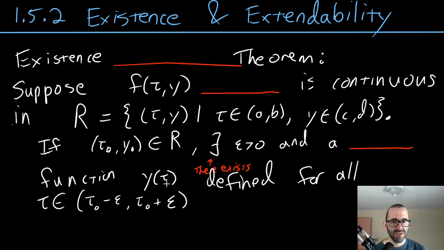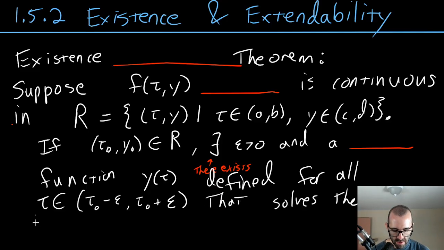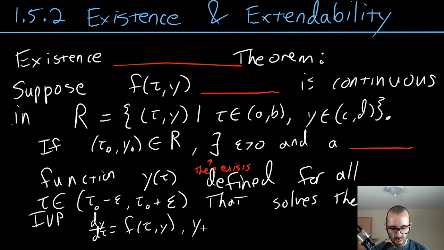So the function is the solution, right? We have a solution. I guess I'll finish it. This function solves the initial value problem dy/dt equals f of t comma y, and y of t naught equals y naught.